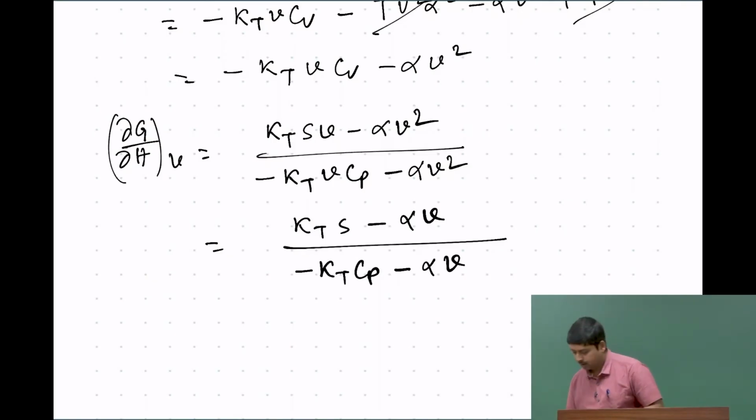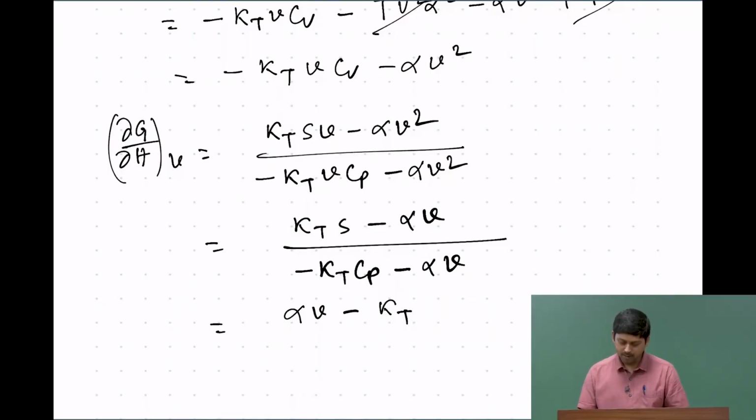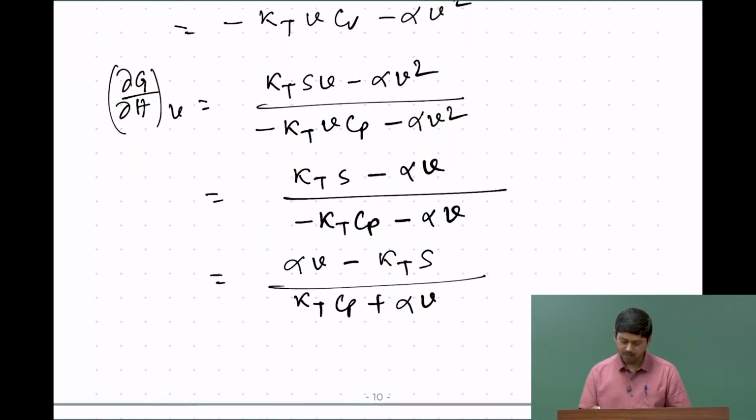Now, if I see the expression in Mathematica, I take minus on both sides, so I get alpha v minus kappa T s, divided by alpha v plus kappa T C v, just for the sake of symmetry. Oh, this is C v, not C p.